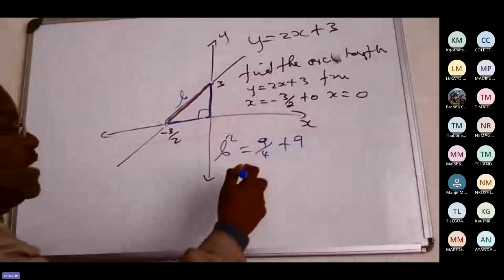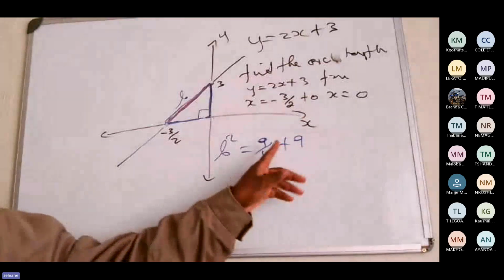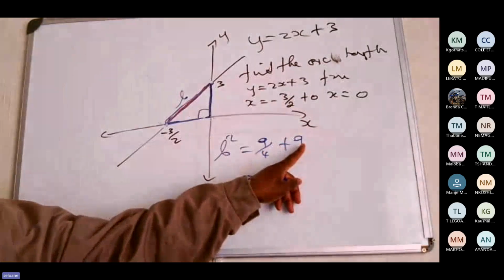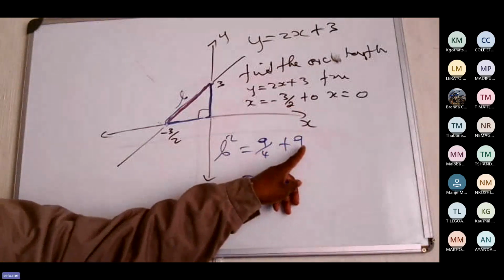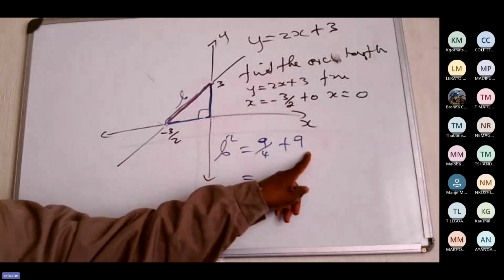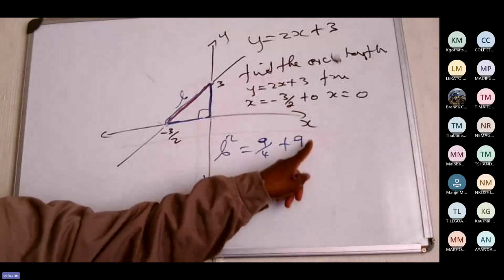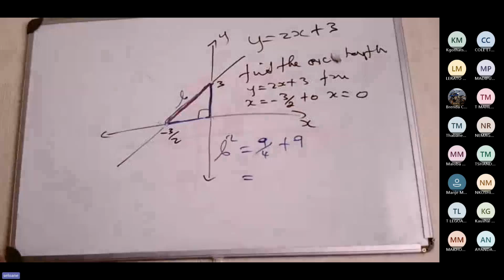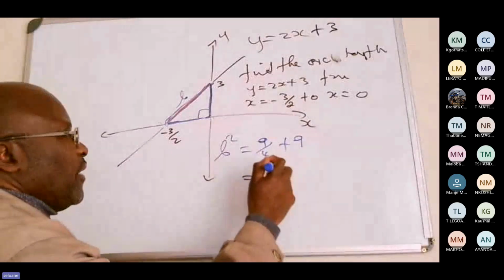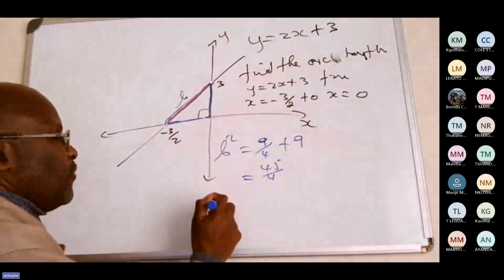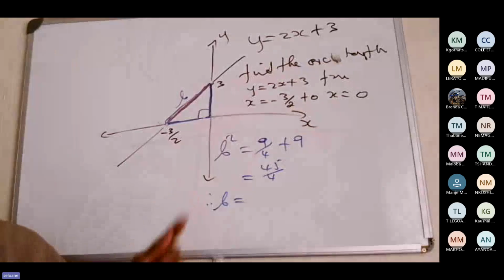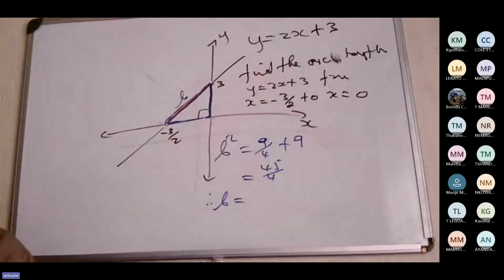Obviously, that will be 36 over 4, because it will be multiplied by 4 over 4. 36 plus 9 is 45. Therefore, this will be 45 over 4. Therefore, L is equal to the square root of this.